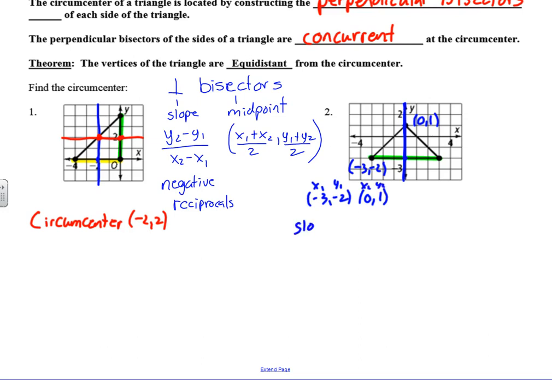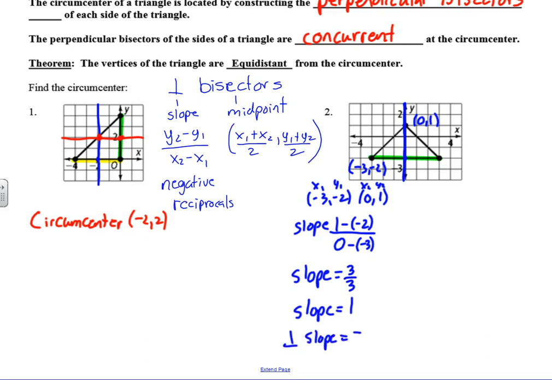So the slope is y2 minus y1 over x2 minus x1. Always want to put those second ones in parentheses. 1 minus -2 is 3 over 3. So the slope is 1. That means the perpendicular slope, the negative reciprocal, would be -1.